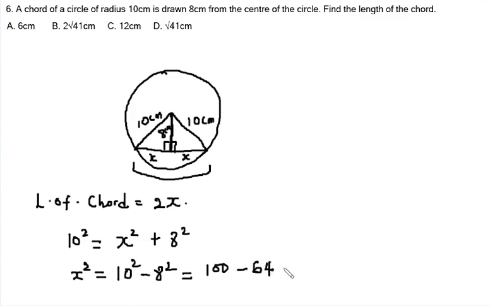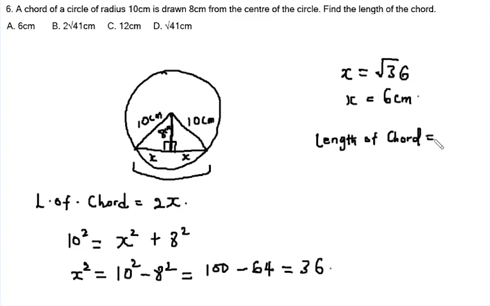So 100 minus 64 is 36. We can see x is equal to the square root of 36. Now x is equal to 6 centimeters. So the length of our chord is equal to 2 times 6, which is equal to 12 centimeters.